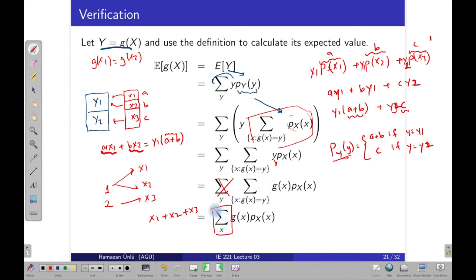So I can come up with this formulation. Okay, as a summary, if a random variable is a function of another, I can rewrite this formulation as this one: g of x times PMF of x will give us the expected value of that random variable, the random variable based on a function.